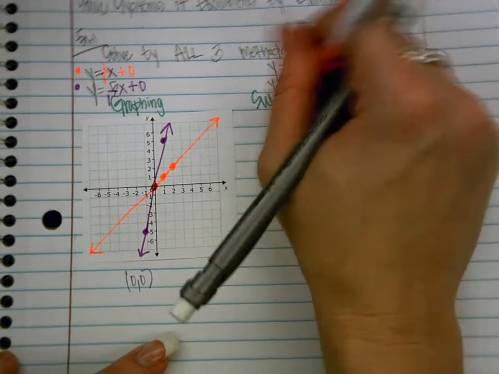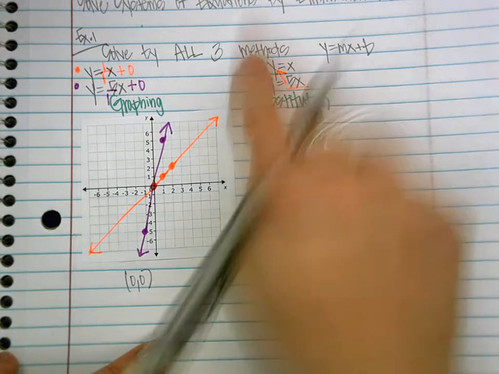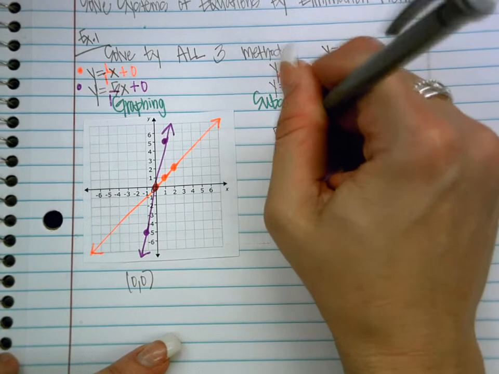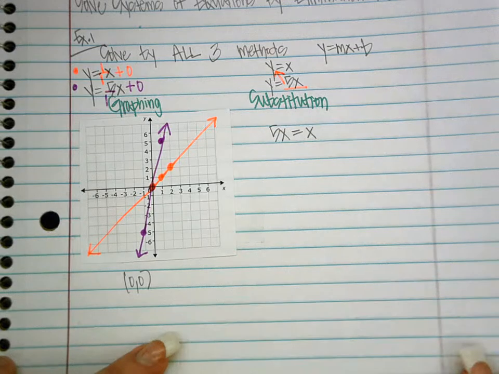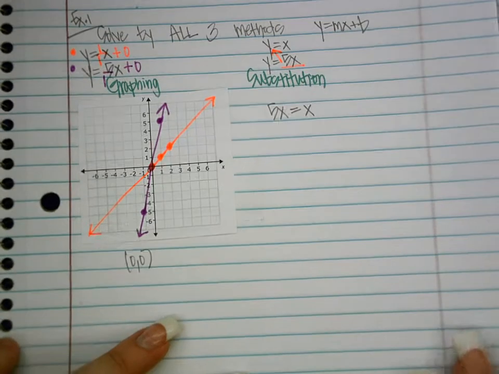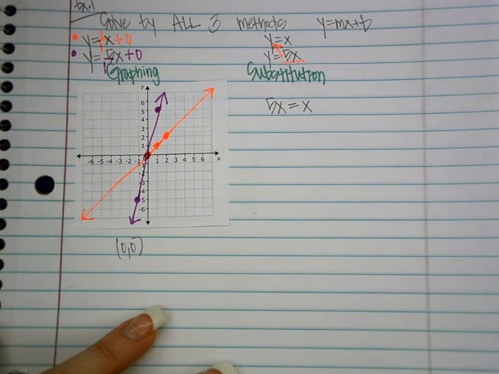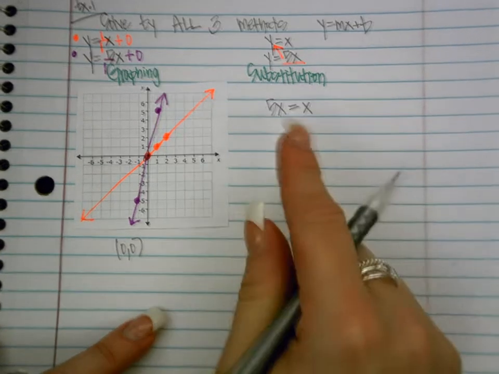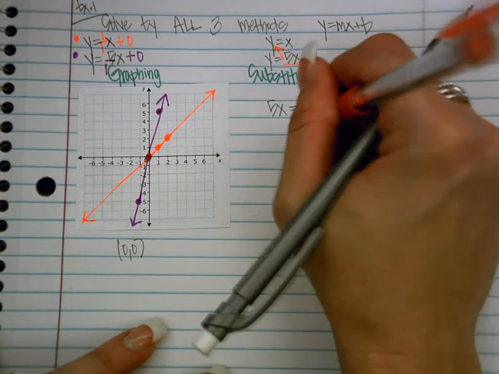So I could substitute the 5x for this y. If you redid that, you would get 5x equals x. How would you solve 5x equals x? What would you have to do? With substitution, we always have to have numbers and letters on the opposite side. So how would you move this x? Subtract the x.